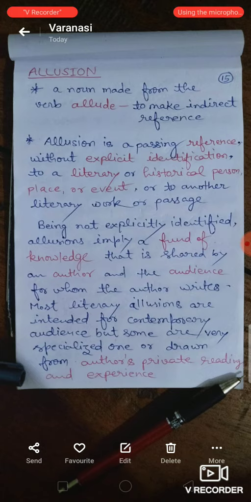For example, when you talk of the depiction of a modern woman sitting and being prepared in The Waste Land that we see, that reminds us of Antony and Cleopatra by William Shakespeare.